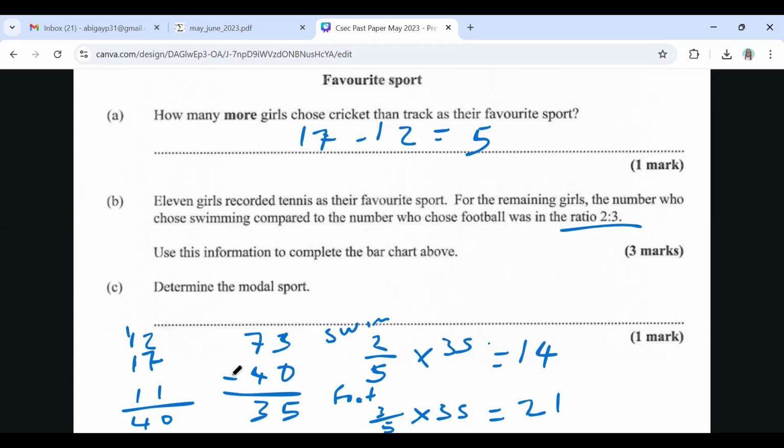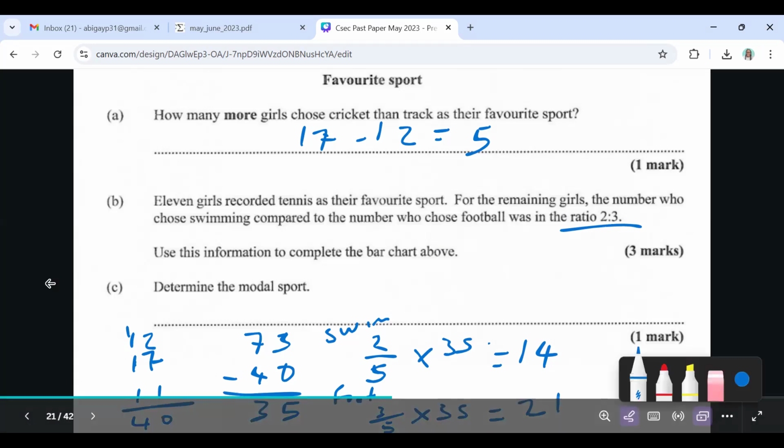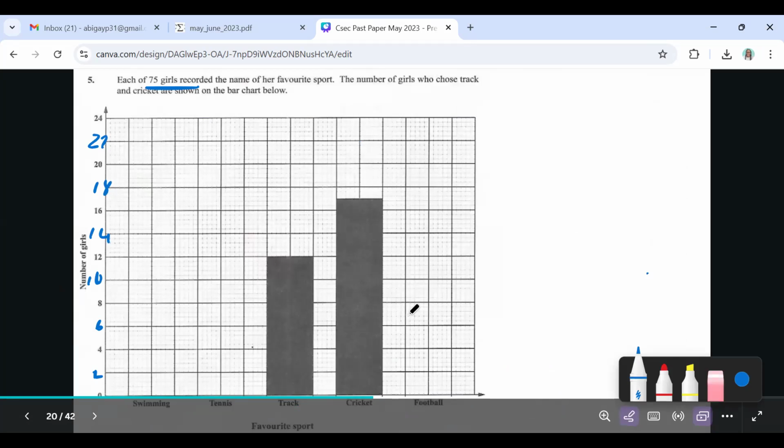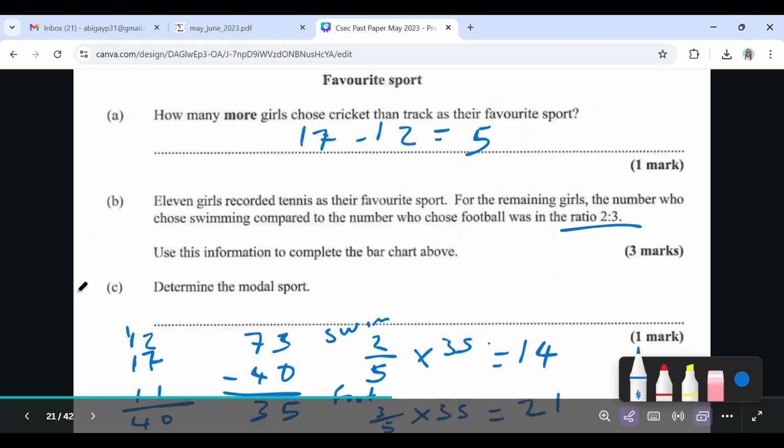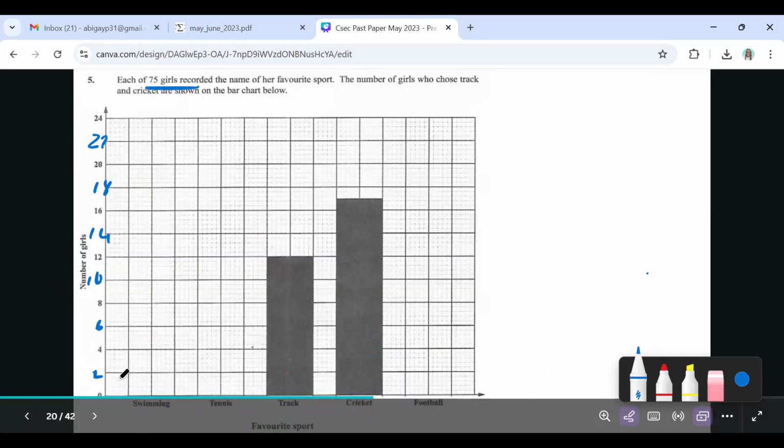So we know tennis, cricket, football, swimming, and track. Let us draw our diagram here. Swimming was 14, so I am going to draw my line right here.